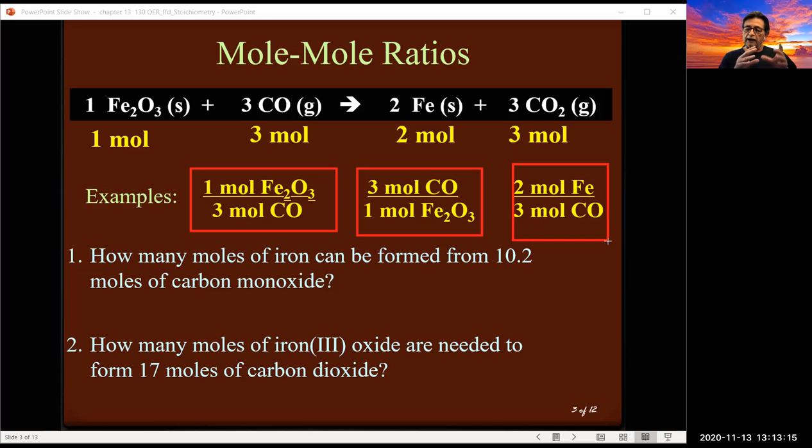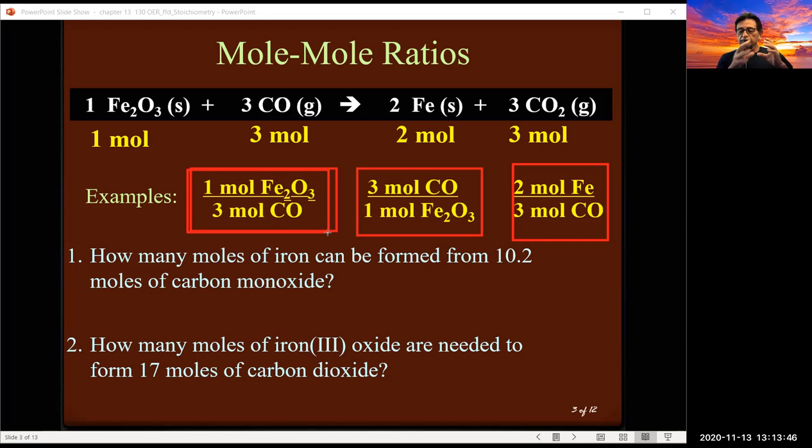Now, recall back when we were doing conversion of units, okay? I did mention that every conversion factor was a ratio that we can write in one of two manners. Whatever we're looking for will be in the numerator. So if we do a calculation and we're trying to calculate how much iron 3 oxide we need, then we would utilize this ratio right here because we have iron 3 oxide in the numerator.